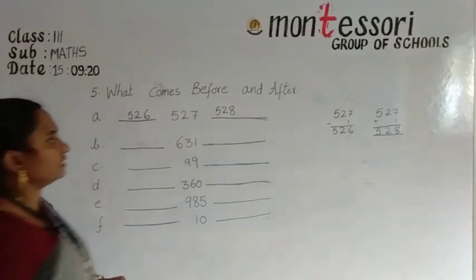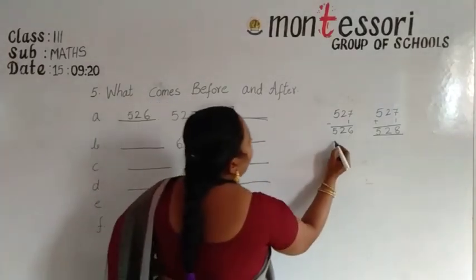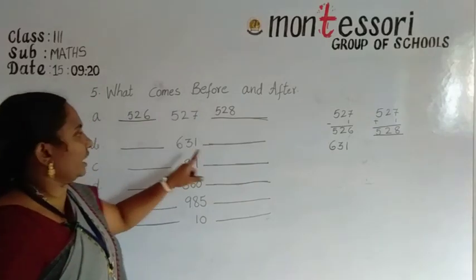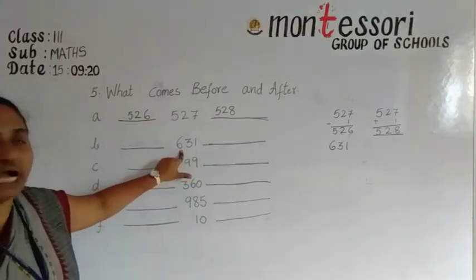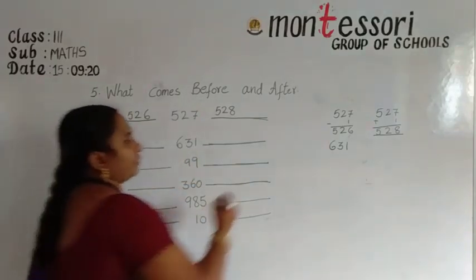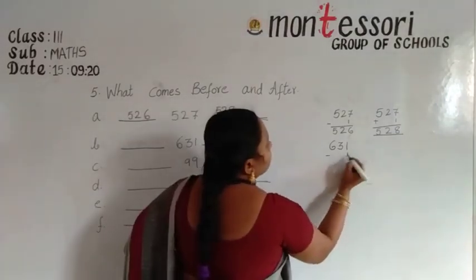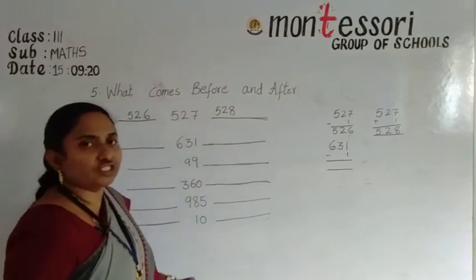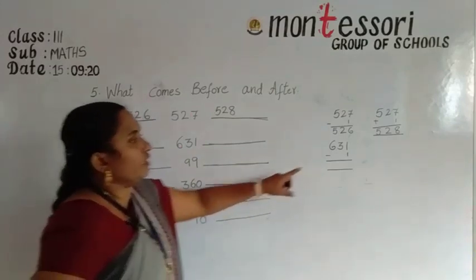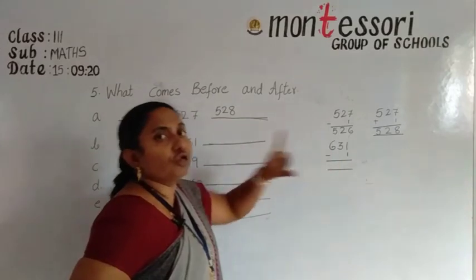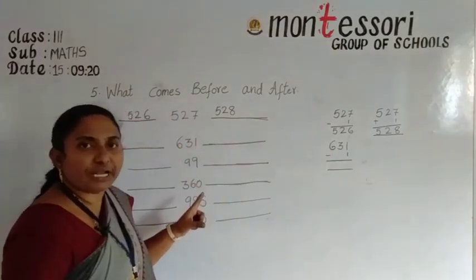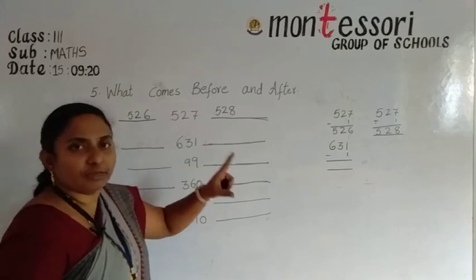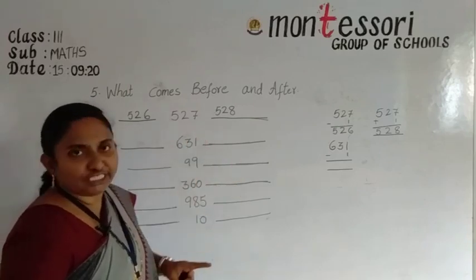Now next number, 631. I am finding the number that just comes before 631. What we can do here is subtraction with minus 1. We can add or subtract with 1 only. Comes before means we do subtraction with minus 1, and just comes after means we do plus 1.